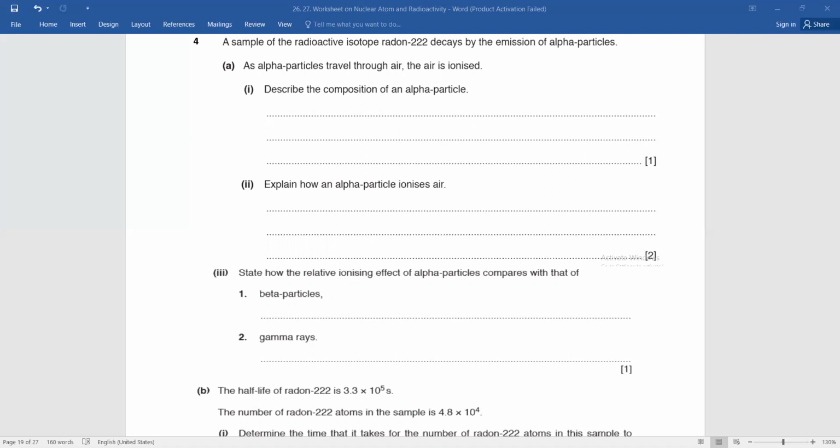Explain how an alpha particle ionizes the air. The alpha particle makes the element that is ionized gain two protons. Sir, you type this answer and add some, then I'll write a summarized answer. Sir is typing. Yes, probably.